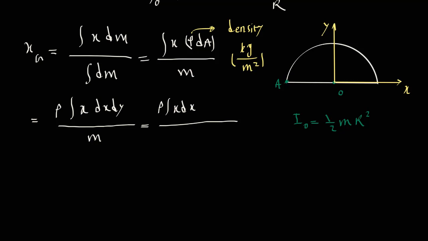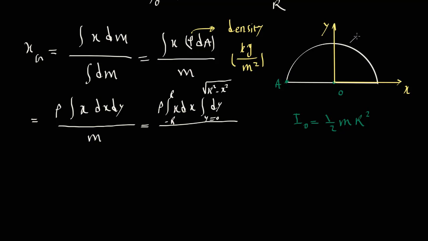It is better to take this into polar coordinates, or rather, you can see that the boundary on x would be from minus something to plus something. Let's just use this: from minus r to r, and this would be dy, from y equal to 0 to the square root of r squared minus x squared. We are integrating from x equals minus r to x equals r, and for y from 0 to this curve.